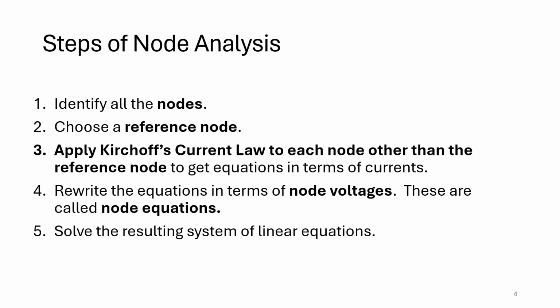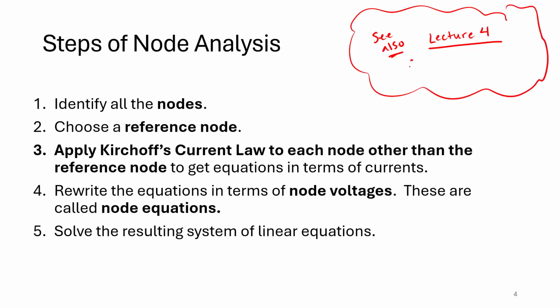So how do we actually do node analysis? For a full explanation, I encourage you to check out Lecture 4 of our circuits videos, but here is the short explanation. So again, the full explanation is in Lecture 4.